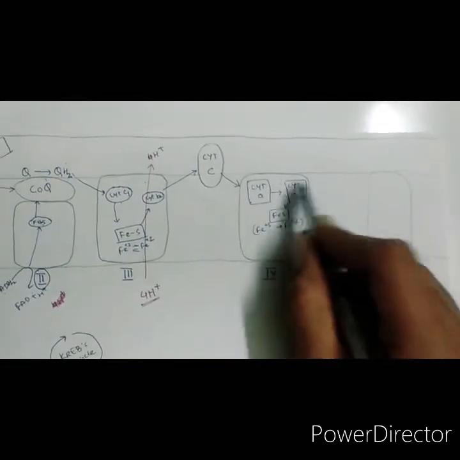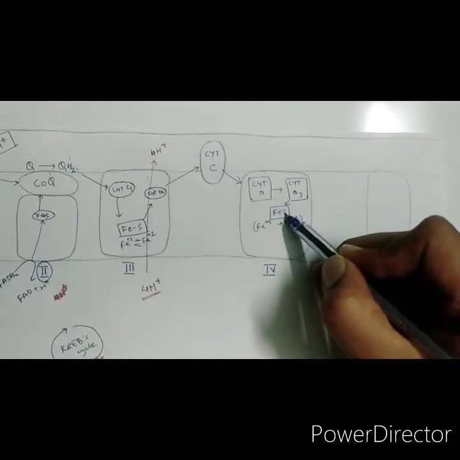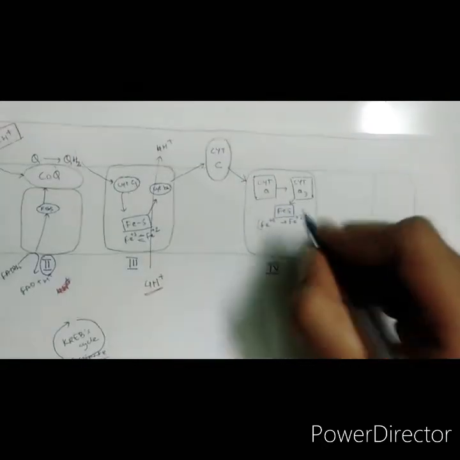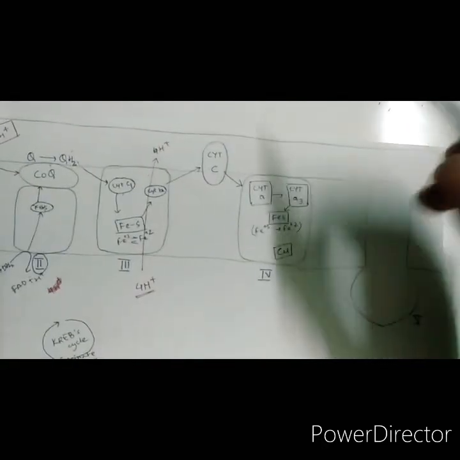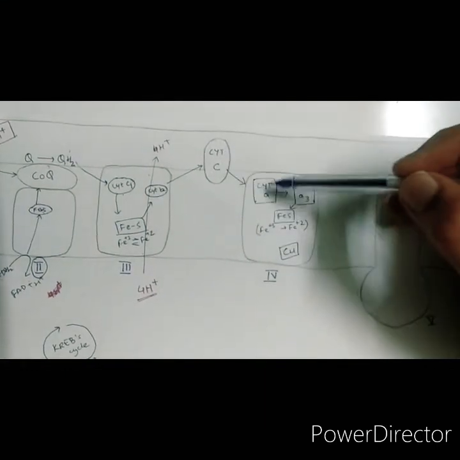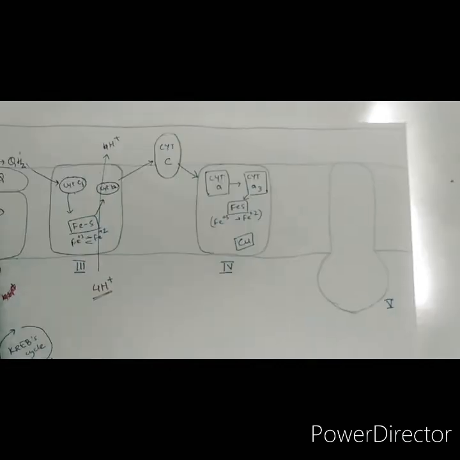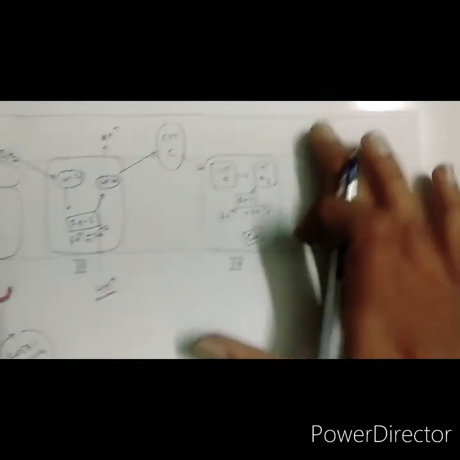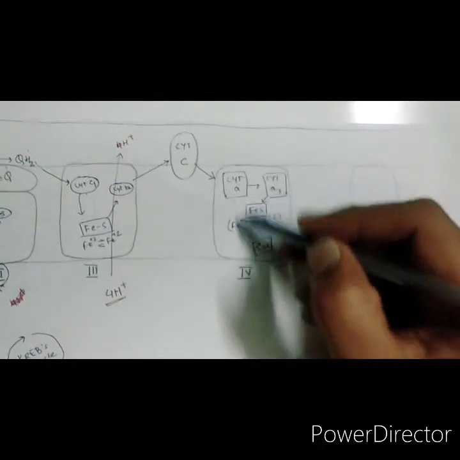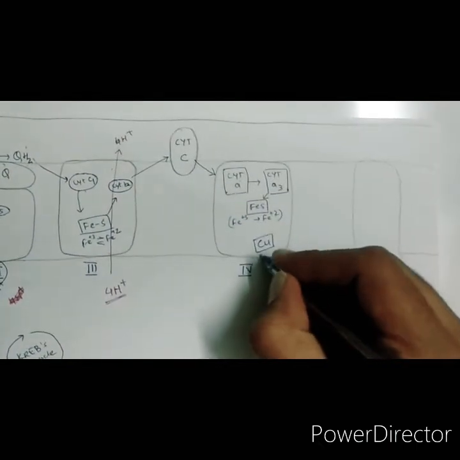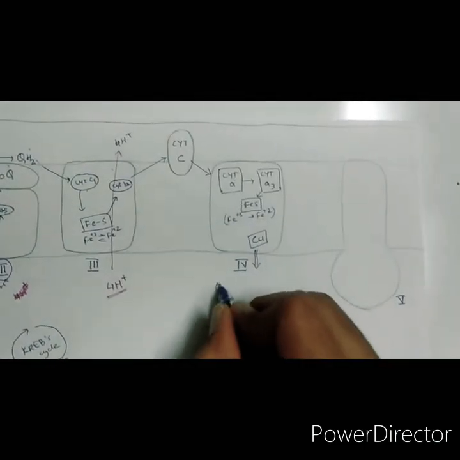This transfer of electrons from A to A3 and finally to iron sulfur proteins is catalyzed by copper ions. The role of the copper ions is to catalyze the transfer of electrons from cytochrome A to A3 and finally to iron sulfur proteins. The final step is that the energy, or the electrons being transferred, is utilized for the reduction of oxygen.